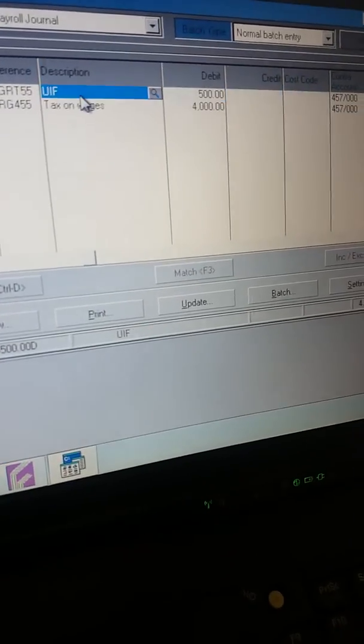You have UIF here, and the contra account is gross salaries. So the UIF is coming from gross salaries. Okay, so UIF, and then we're done.